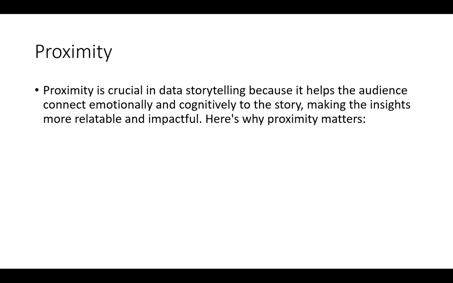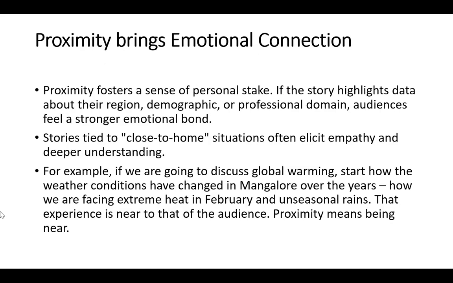Proximity. The meaning of proximity is being near, nearness. It is crucial to storytelling because it helps the audience connect emotionally and cognitively to the story. They can understand the story, they can feel the story, making an insight more relatable. For example, if you are going to discuss global warming in Mangalore, people don't know something is happening in the globe, we are not interested. But connect it to how even in Mangalore, over the years, we are facing extreme heat.